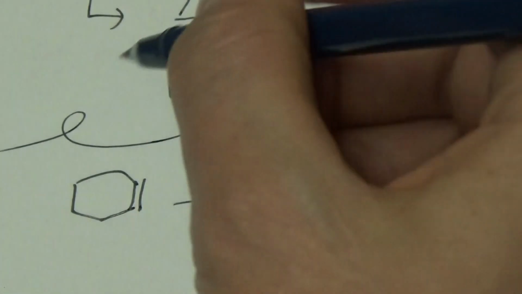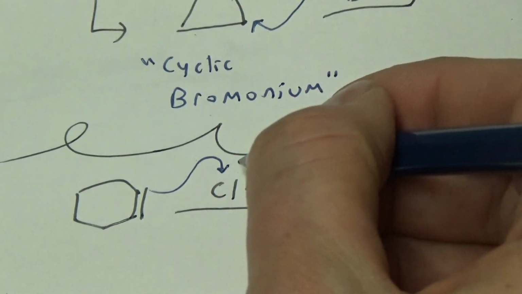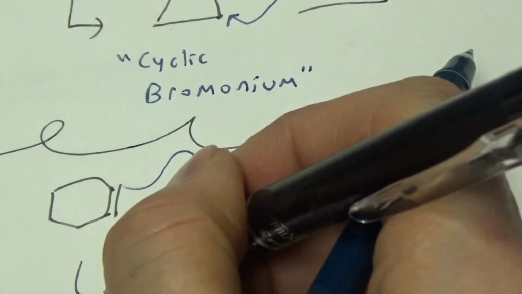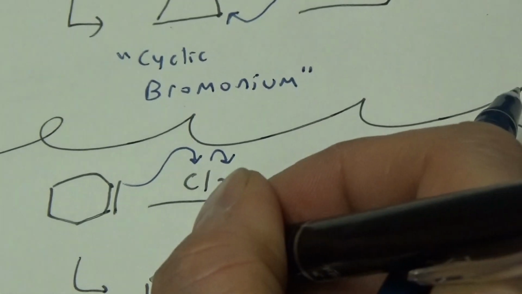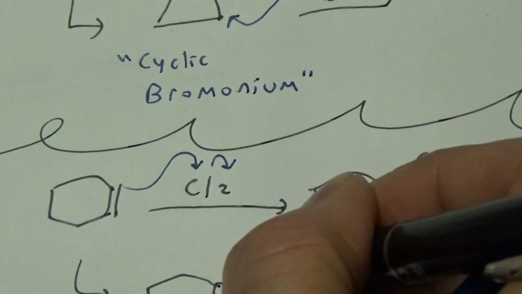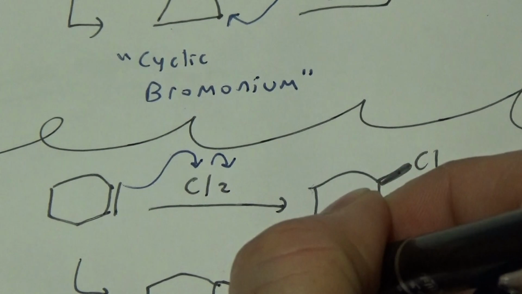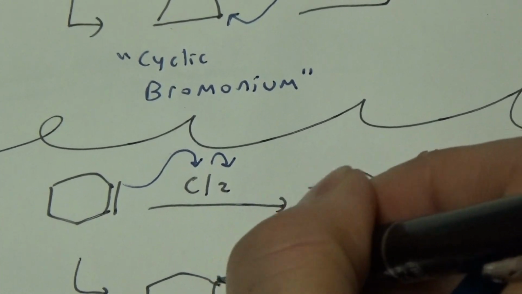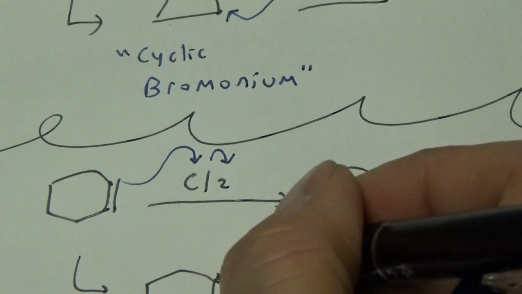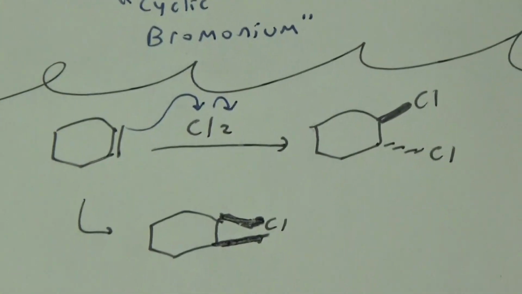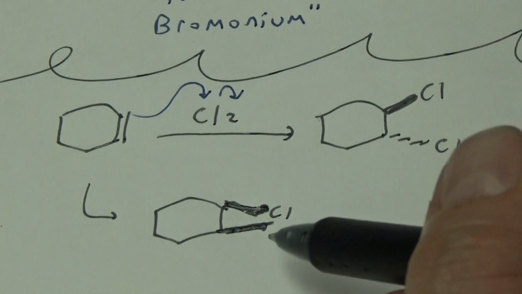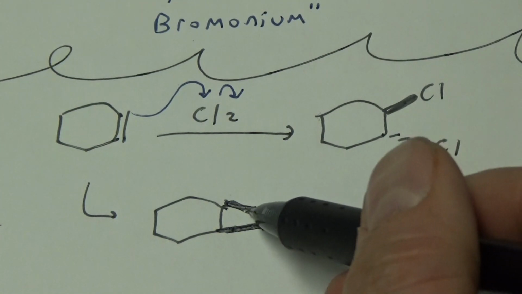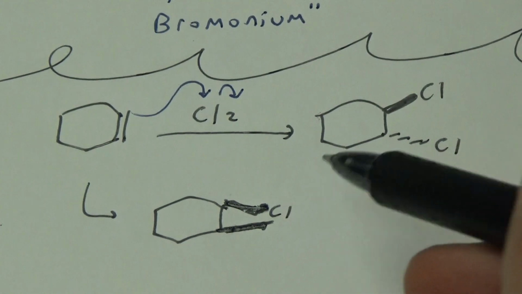This attacks, kicks off a chlorine, alright, kind of like that, I guess. It could be coming towards you, it could be coming away from you. The big thing is that they are both going the same direction here.